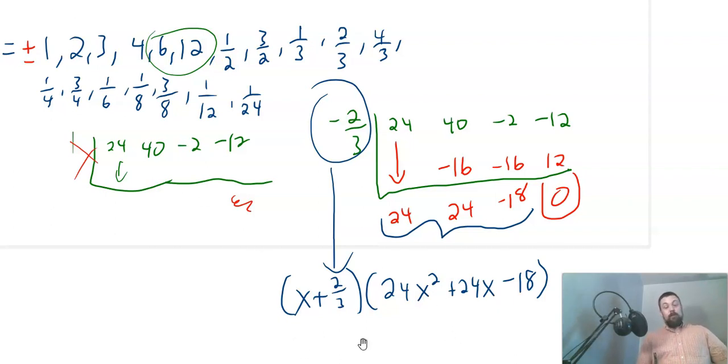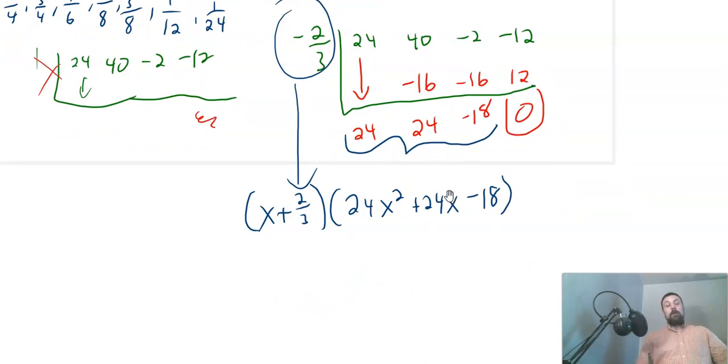Worst case scenario is if you couldn't factor this, you could still find when it's equal to 0 by using the quadratic formula, because that's essentially what we're doing, right? We're trying to find what numbers make this polynomial equal 0. So it's like we're setting it equal to 0 and solving it. And if you want to set this factor equal to 0, you could solve it by using the quadratic formula. So that'd be the worst case scenario for getting the rest of the solutions.